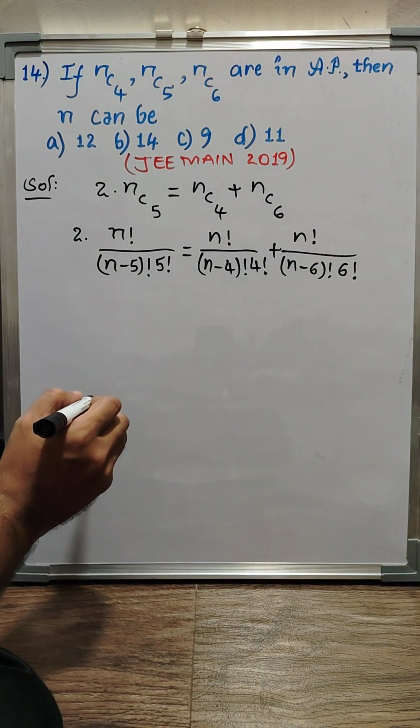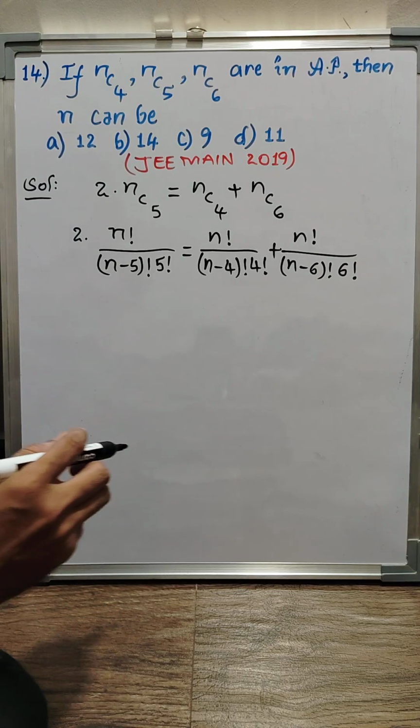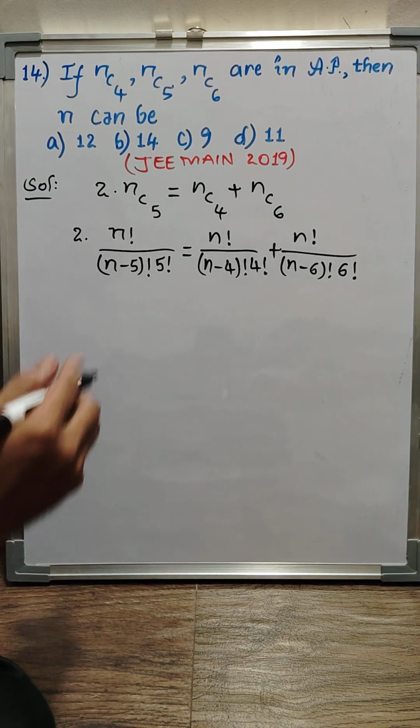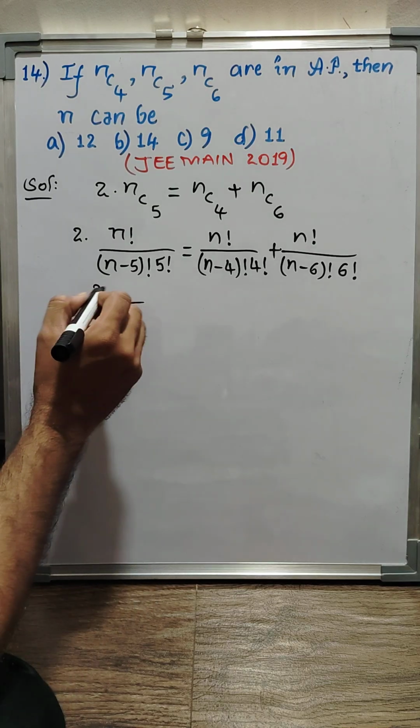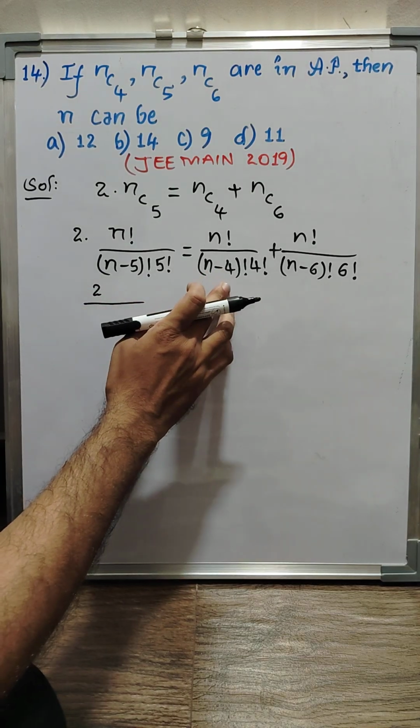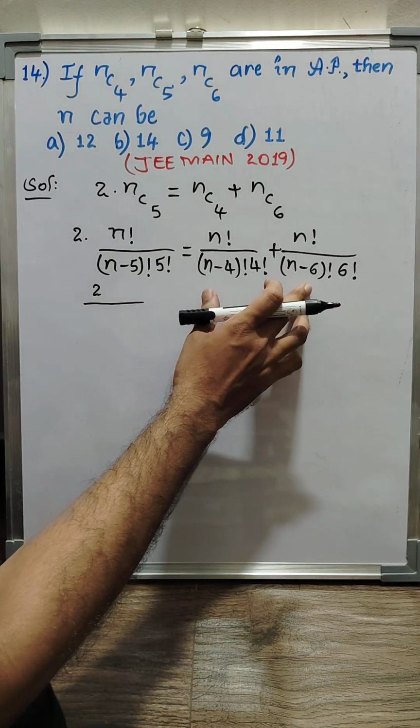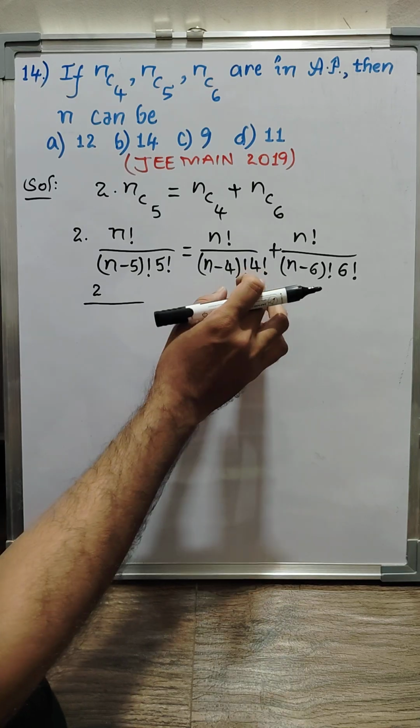Here we can cancel this n factorial on both sides, so that we can get here 2 by... Also (n minus 4) factorial is common in the denominator as well as 4 factorial.